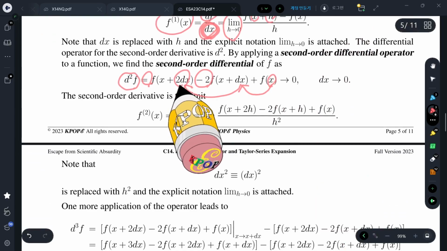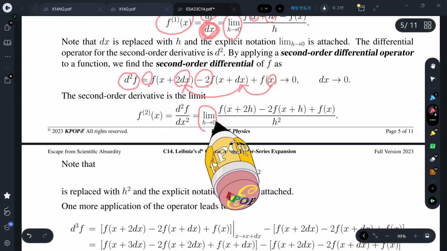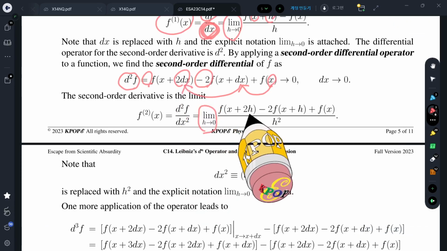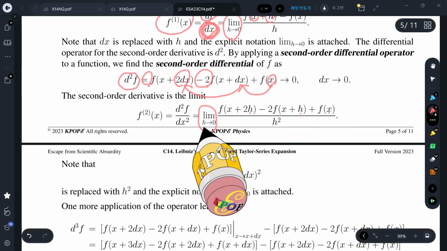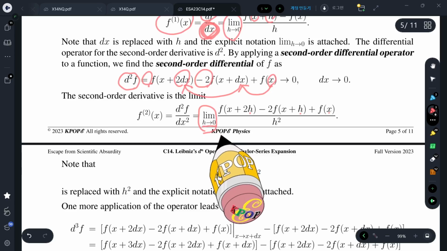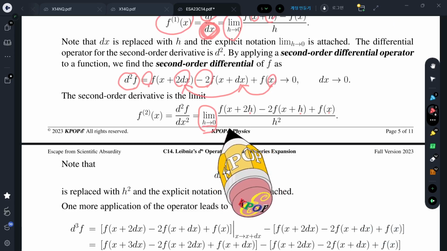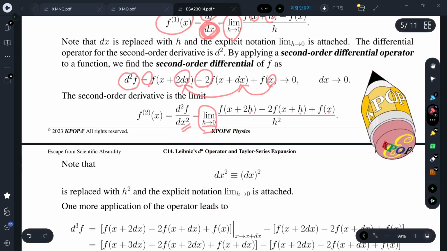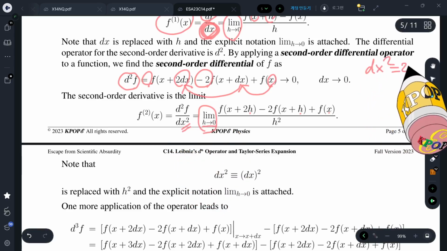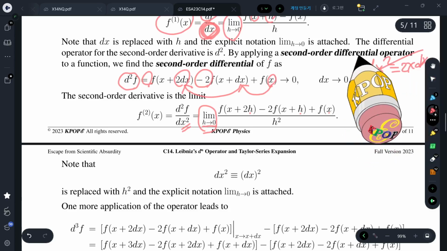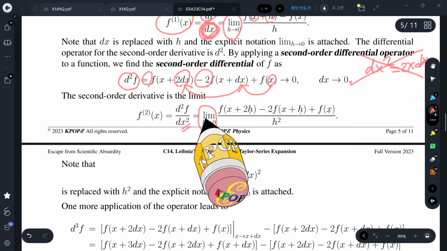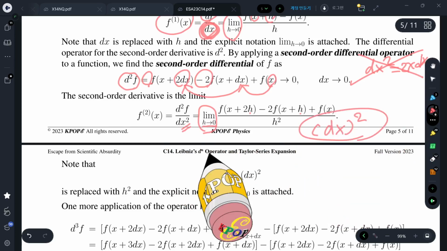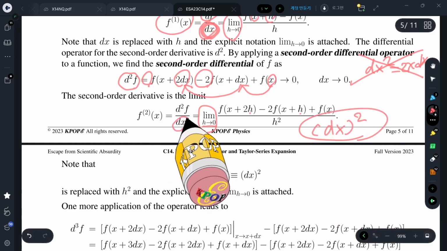If I keep this limit symbol, then I replace dx with h, and take the limit as h goes to 0. And then this is dx squared. Not dx squared is 2x dx. No. This one is dx squared. So please remember this.